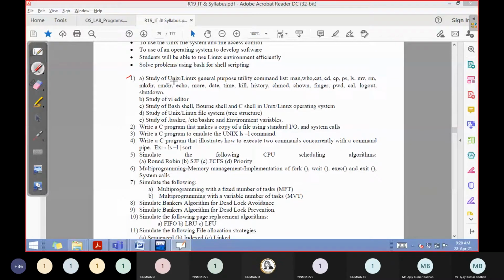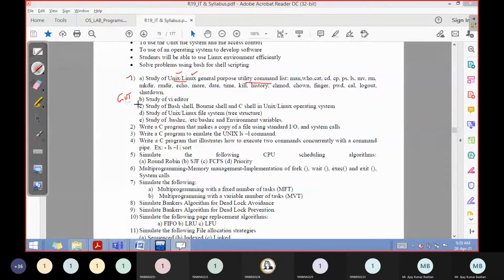That is nothing but a study of Unix and Linux general properties and utility commands. Utility commands are, as I told you, for example, if I want to open any application in my Windows operating system, with the help of a mouse I click on that particular folder or application and start executing it. But in the Unix or Linux operating system, we cannot do it. Earlier, we didn't have a GUI-based interface.